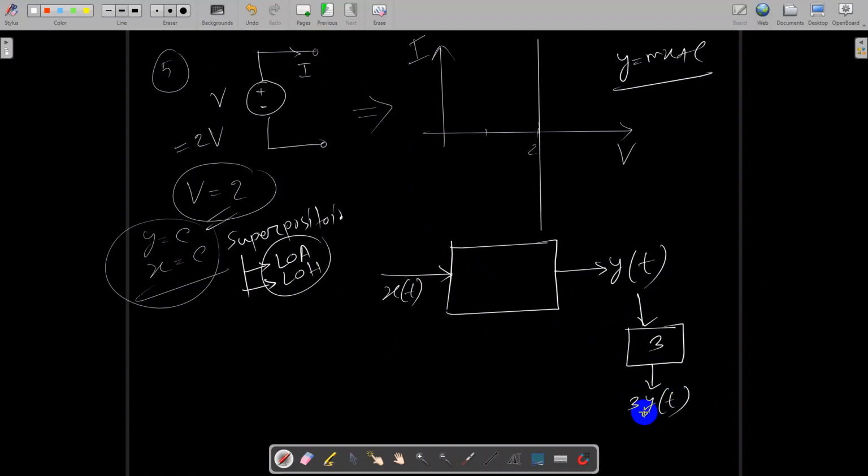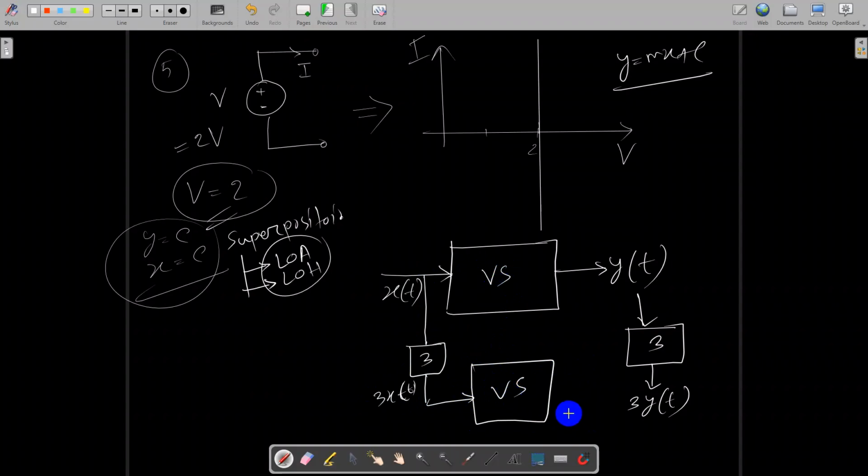Now if I scale this x of t with the same scalar, then this will be 3 times x of t. If I give this input to the same system, which is actually the voltage source, and the output is the same, this is linear. This implies it obeys the law of homogeneity.